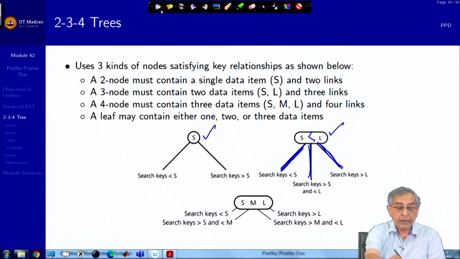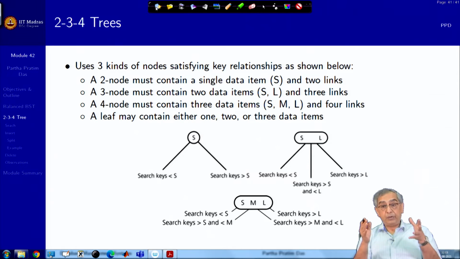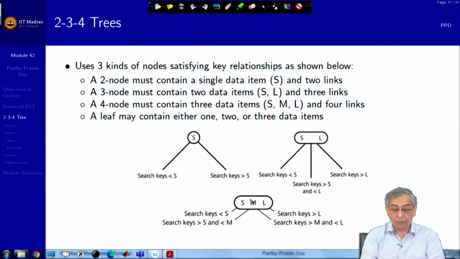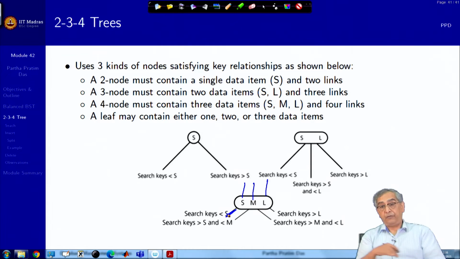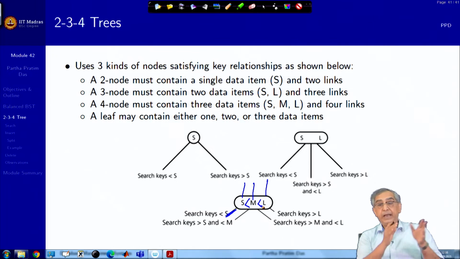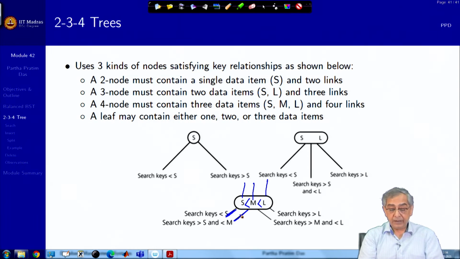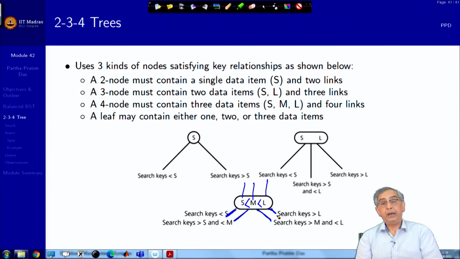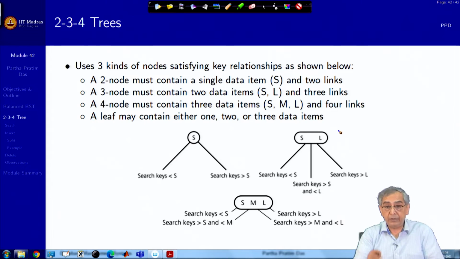Or you can have a 4 node having 3 data items, S, M and L, so that there are 4 links. The first one is less than S, the second one is between S and M, the third one is between M and L, and the fourth one is greater than L, right. So, this is how you create this. You want to have nodes and link them.